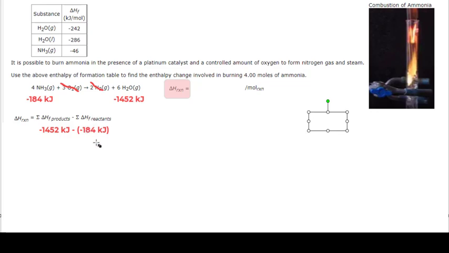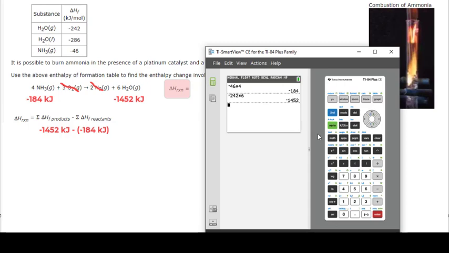We probably only have two significant digits on this negative 184. Oh, excuse me, 3 significant digits on this and 2 on here, but let's carry this out to the nearest whole kilojoule and do that subtraction. I'll get my calculator out, and I've got my answer, my negative 1452, so I'm just going to show my answer.